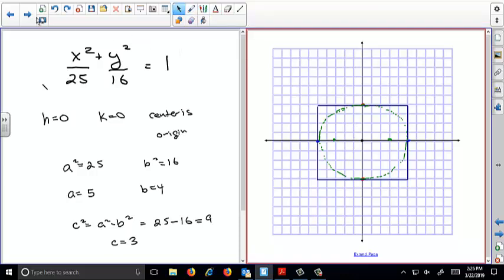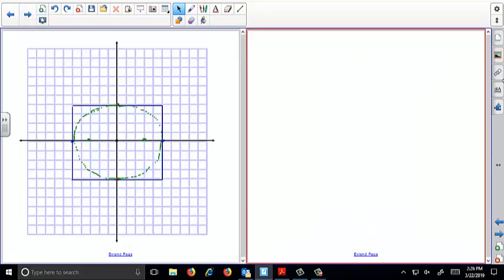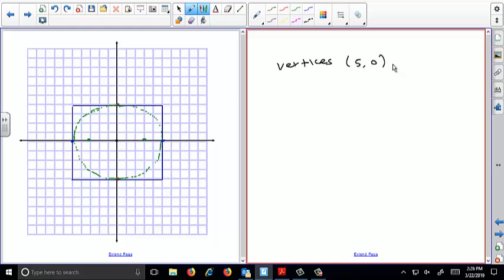So from this, the vertices are this point. So it's going to be 1, 2, 3, 4, 5, so 5, comma 0, and the other way, 1, 2, 3, 4, 5.